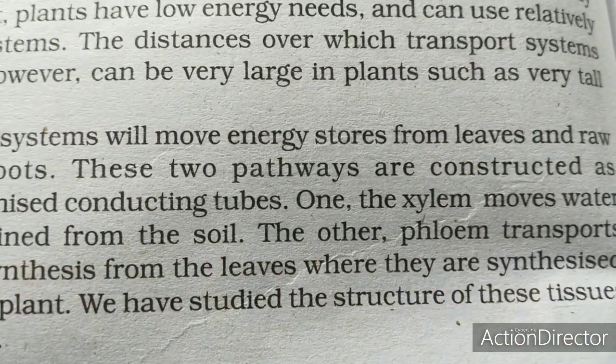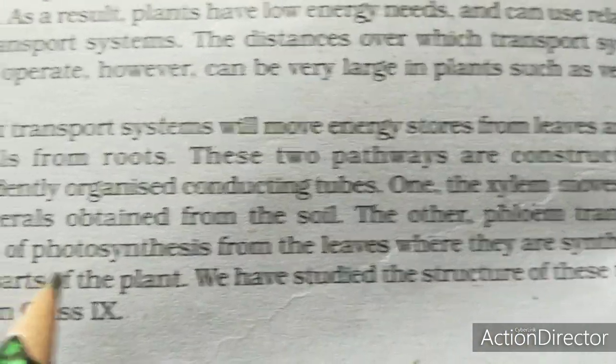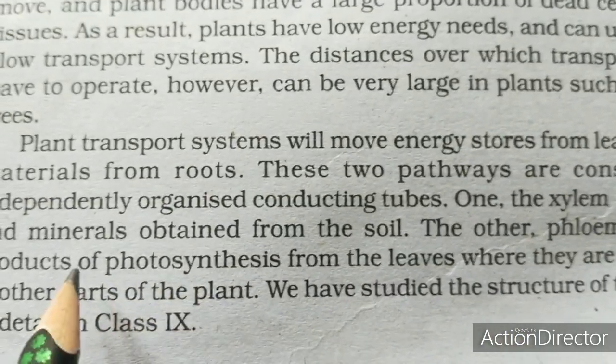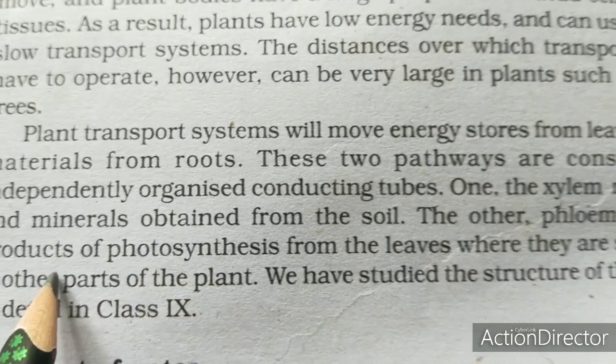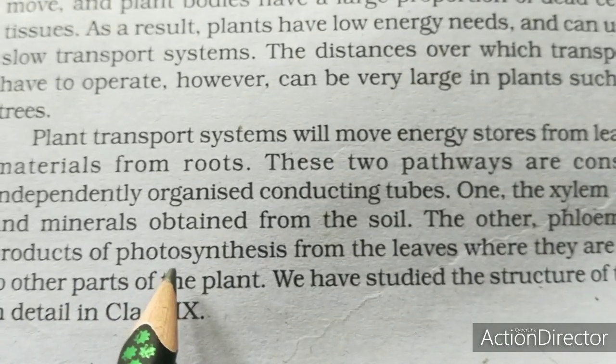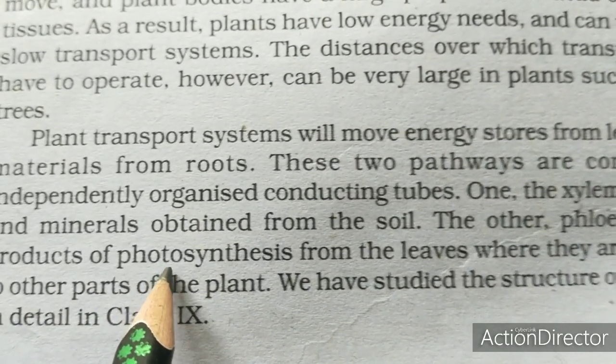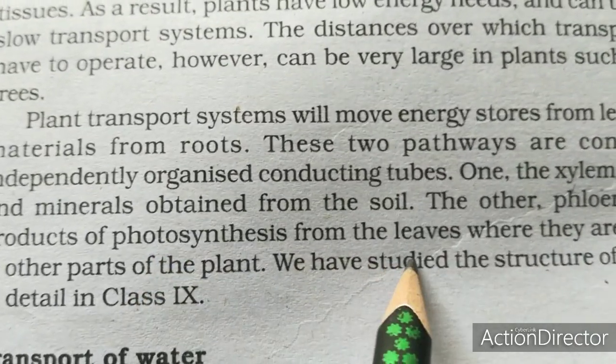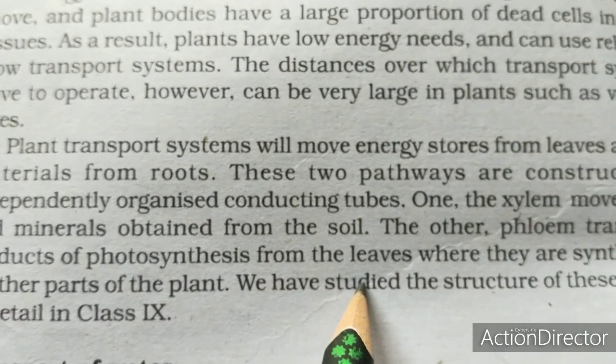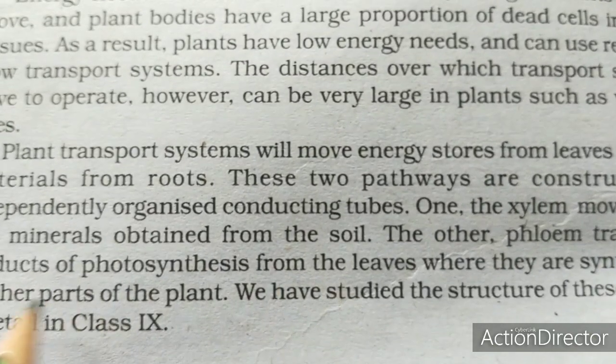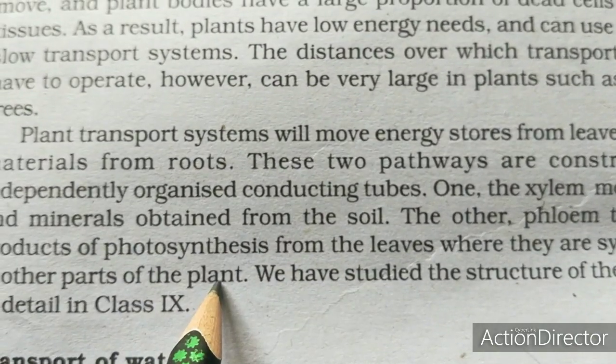The phloem transports the products of photosynthesis. The products of photosynthesis means whatever the photosynthesis has produced is transported from the leaves to the other parts of the plant body.